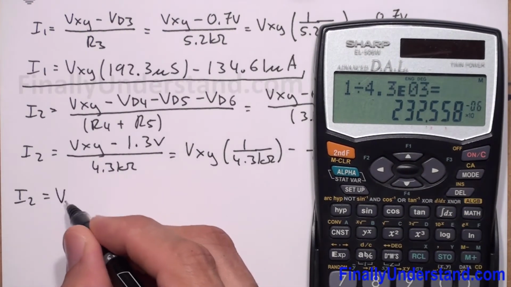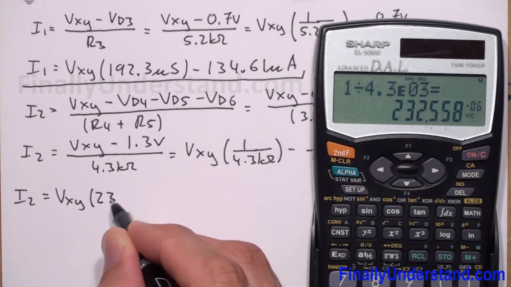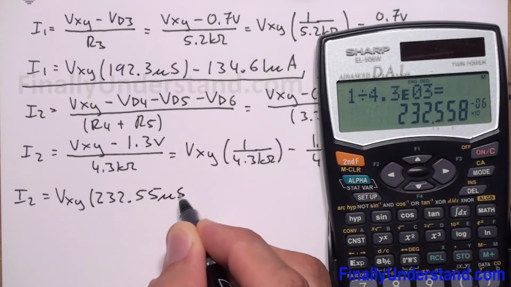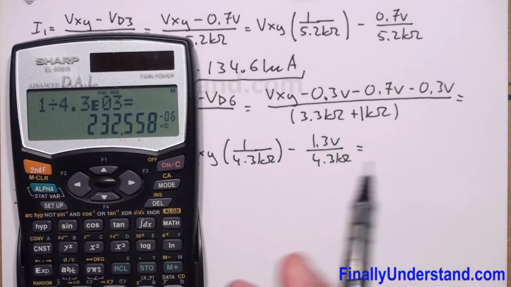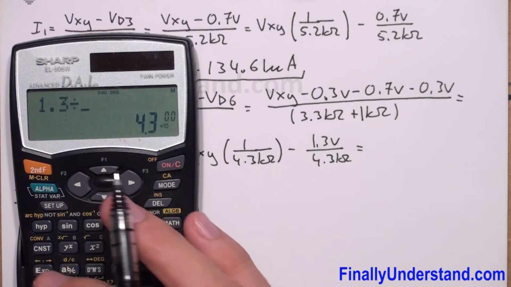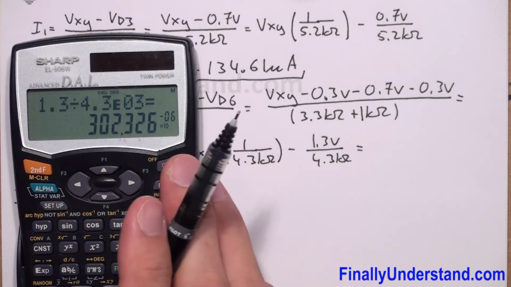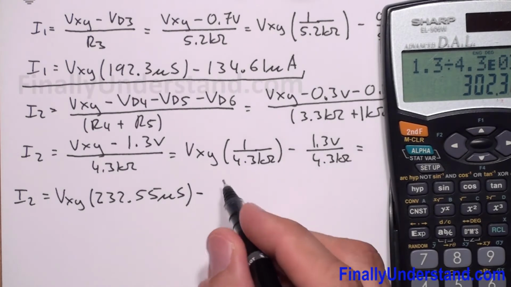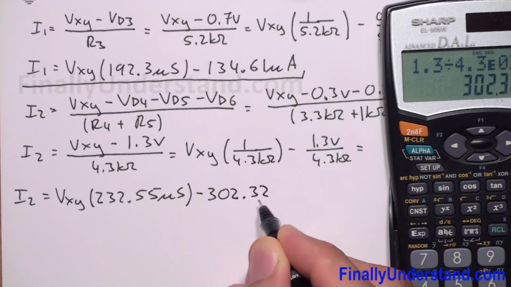So this is my Vxy times 232.55 microsiemens, and I have 1.3 divided by 4.3 exponent 3, which is equal to 302.32 microamps. So minus 302.32 microamps.